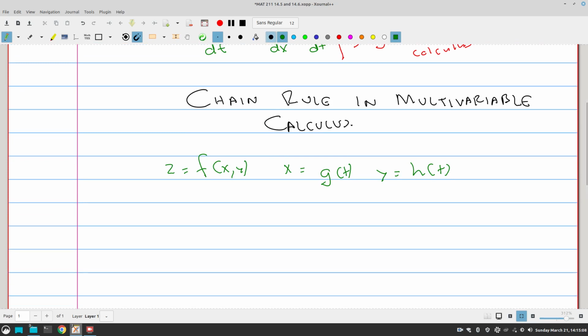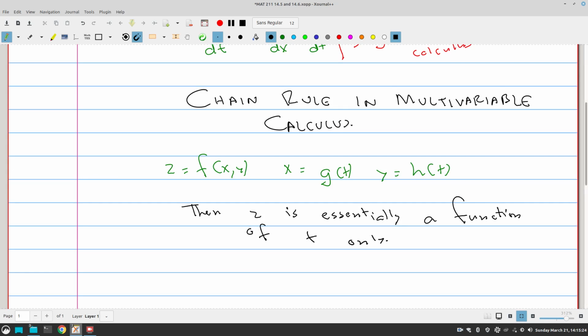Then z is essentially a function of t only. Remember, so this is differentiable. Right? And of course these are also differentiable.